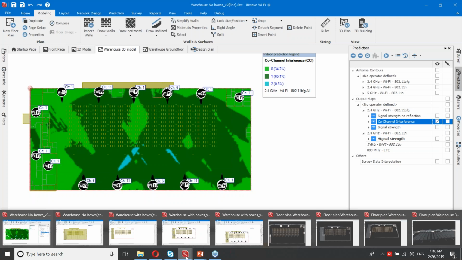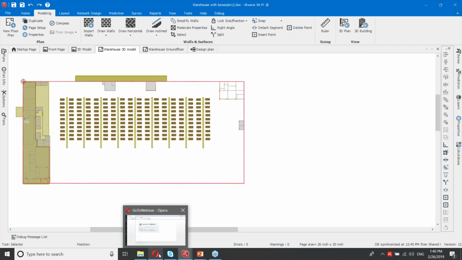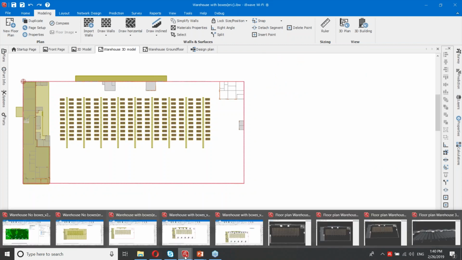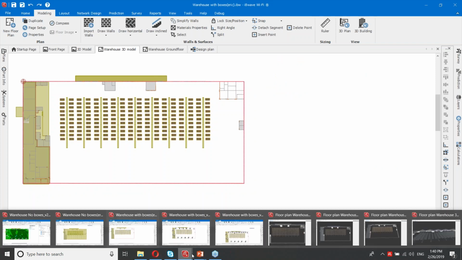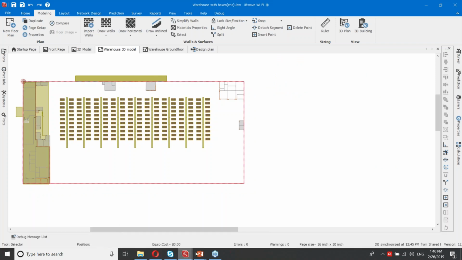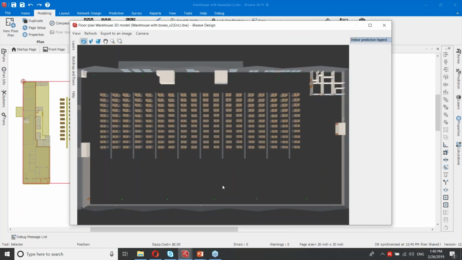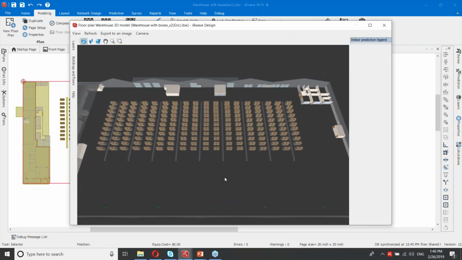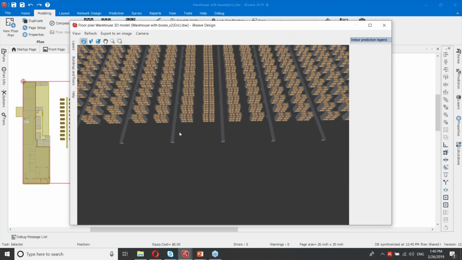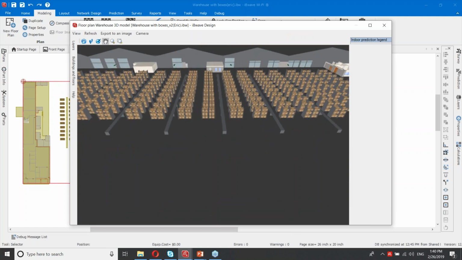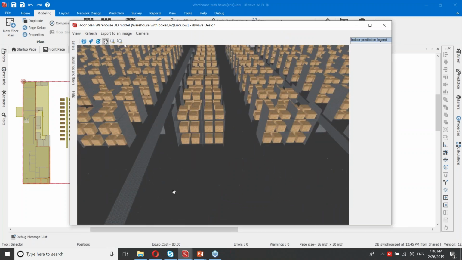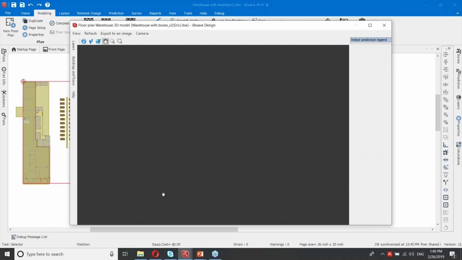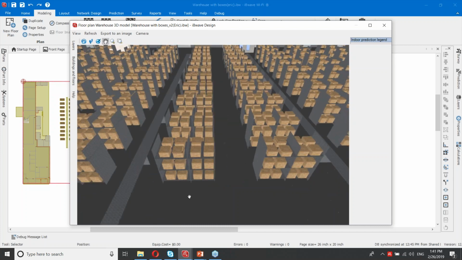Now let's move on to the case where we have boxes in there. Let me just move on to the warehouse with boxes. So this is how it looks. Basically, I filled up those shelves with boxes.